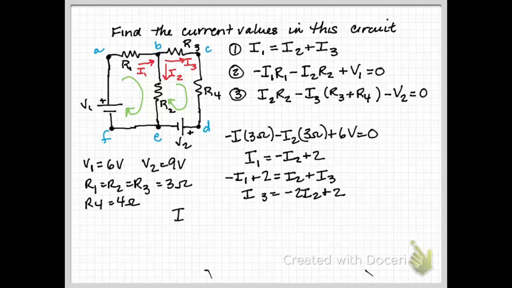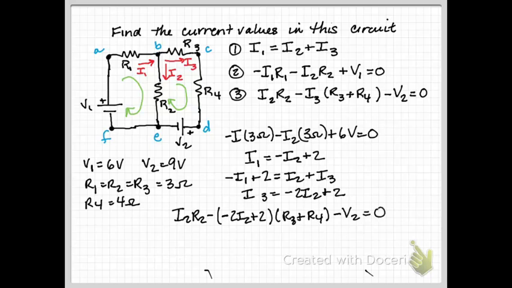So we have I2 R2 minus negative 2I2 plus 2 times R3 plus R4 minus V2 equals 0.